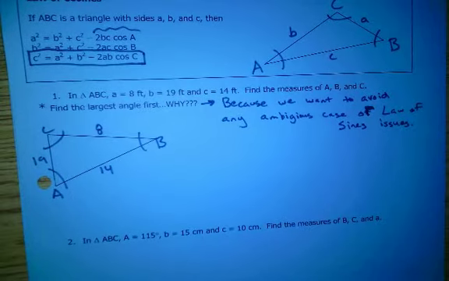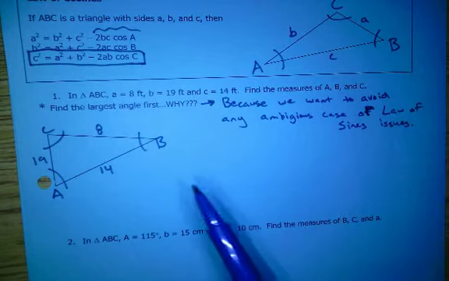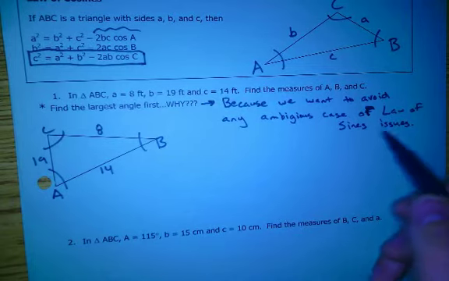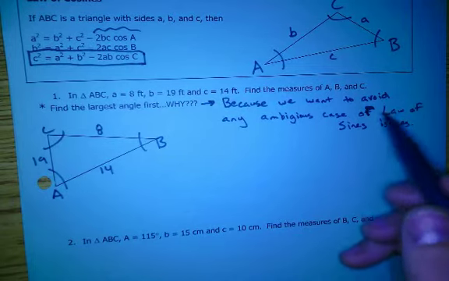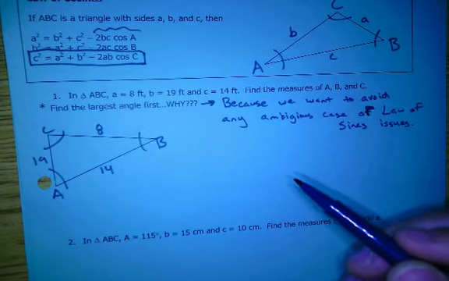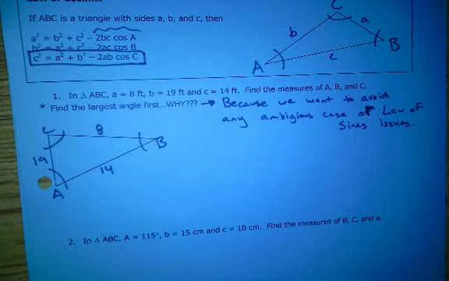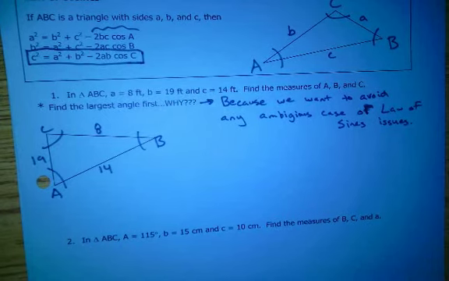Issues can come in for the law of sines whenever we are dealing with an obtuse angle. So we need to make sure that we find our obtuse angle first if there is one. The issue with the law of sines is when we find an angle and it happens to be obtuse and we don't know what to do with it, because your calculator is always going to produce an acute angle.